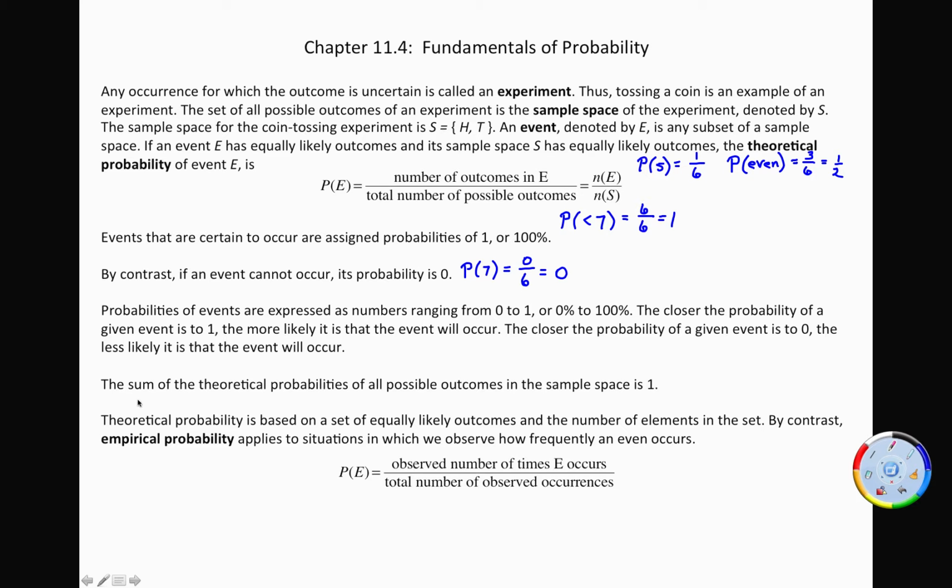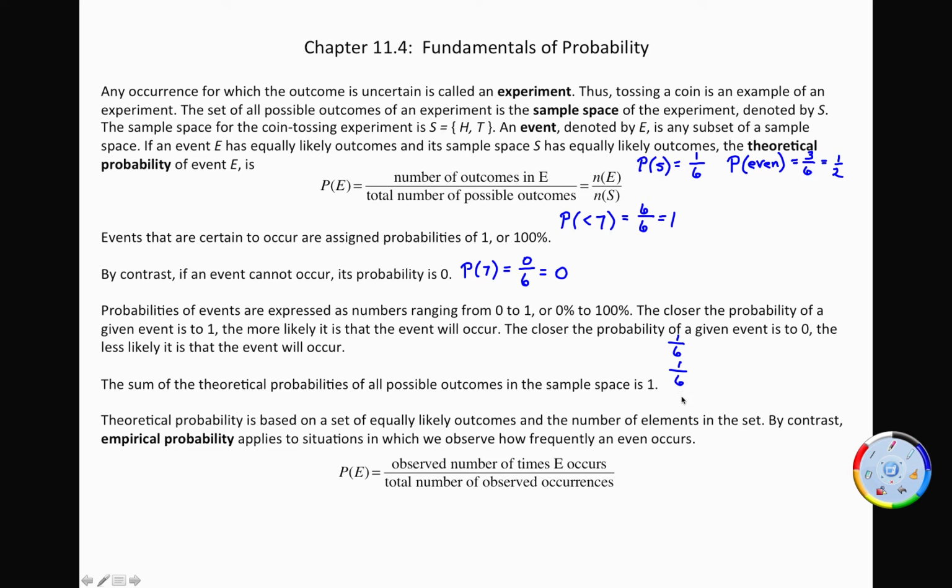The sum of the theoretical probabilities of all possible outcomes in the sample space is 1. In other words, if I wanted to find all the probabilities of rolling a single number on that die, the probability that you roll a 1 is 1 out of 6. The probability you roll a 2 is 1 out of 6.